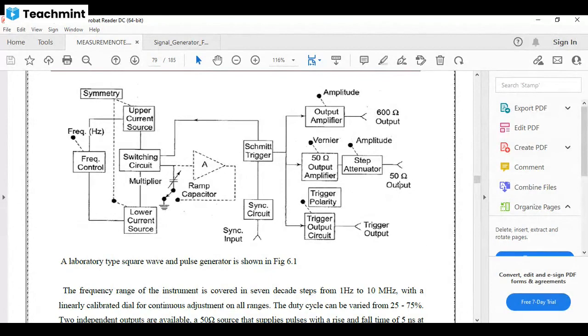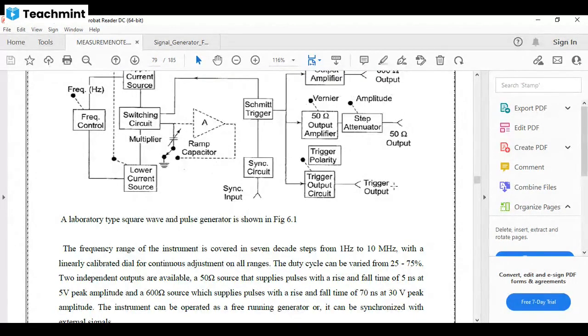The duty cycle can be varied, and two outputs are available. Number one is the 50 ohms output, the source for which supplies pulses with a rise time and fall time of 5 nanoseconds.